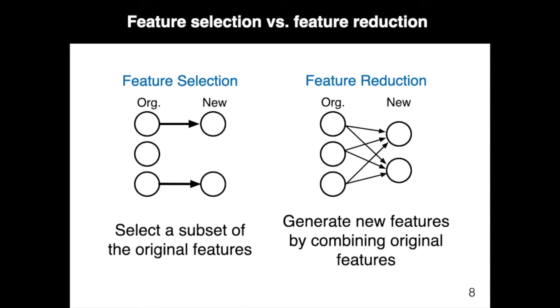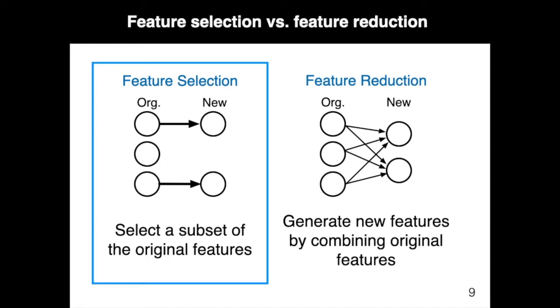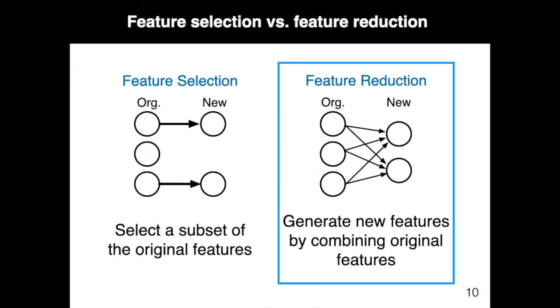Before explaining our results, we first need to clarify the difference between feature selection techniques and feature reduction techniques in this paper. The feature selection technique is a technique to reduce the number of features by selecting a subset of the original features. The feature reduction technique is a technique to reduce the number of features by combining original features into new features.